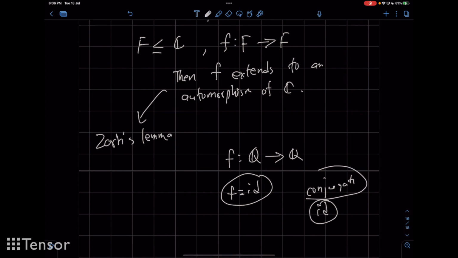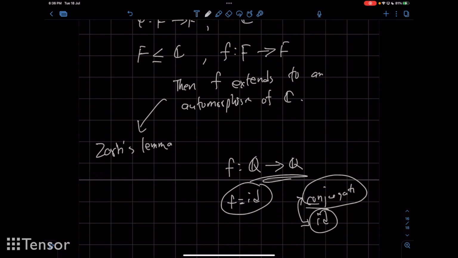So these two are both extensions of Q to Q, but they're not the same. So it's not unique, but we know that it exists. And although we know that it exists, we cannot write it explicitly. That's the sad part.